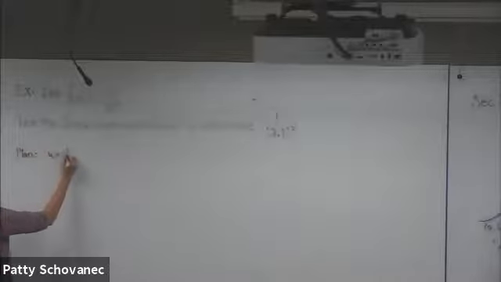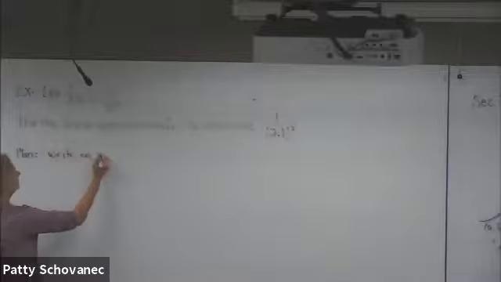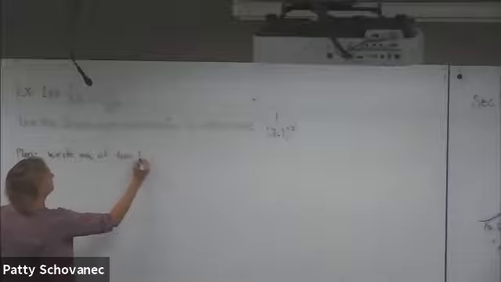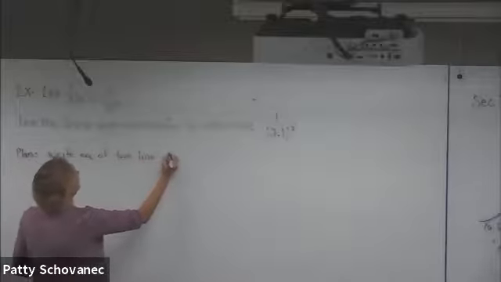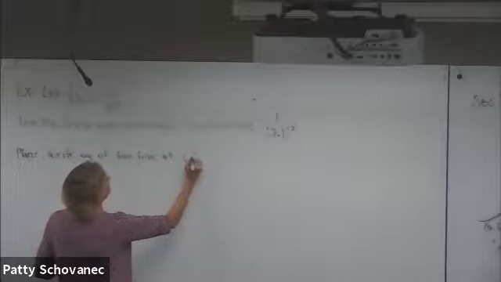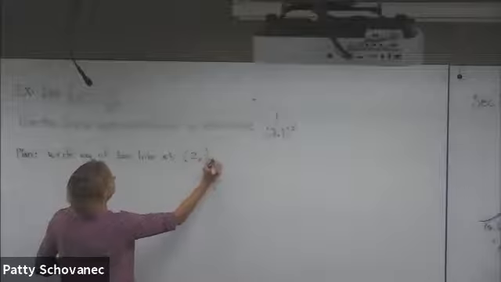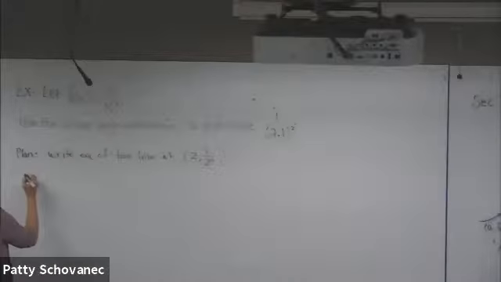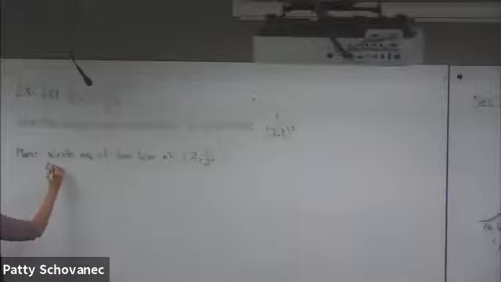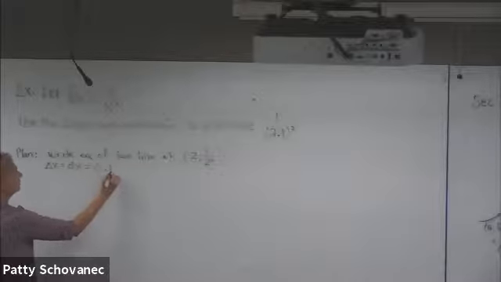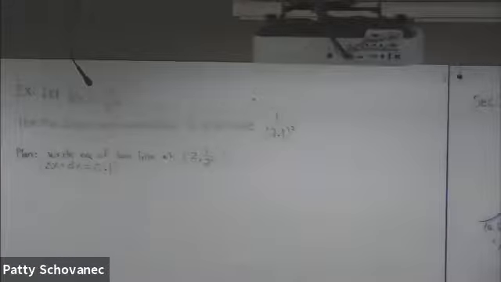Right? The equation of the tangent line at the ordered pair x is 2, y is a fourth, and change in x, which is the same as the differential in x, is 0.1. So we're going to need the derivative to get the slope.